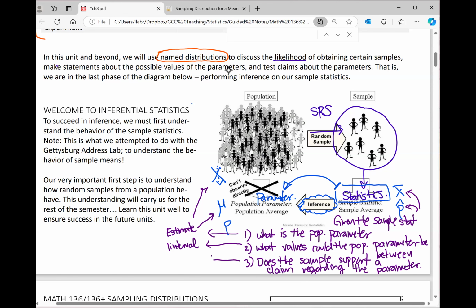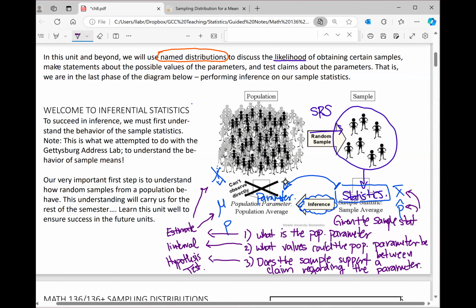And that's called a hypothesis test. So these are the three main things that we're going to spend the rest of the course performing. And that is going from our statistic to being able to say something about the parameter solely based on our sample statistics. And that's a very delicate balance.